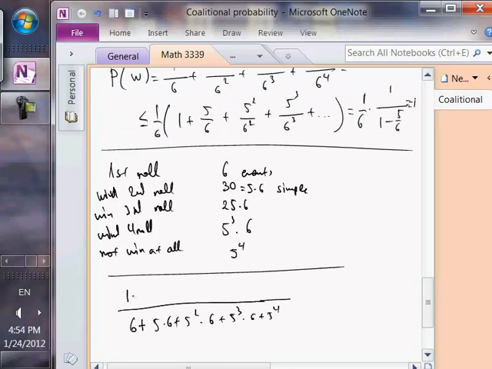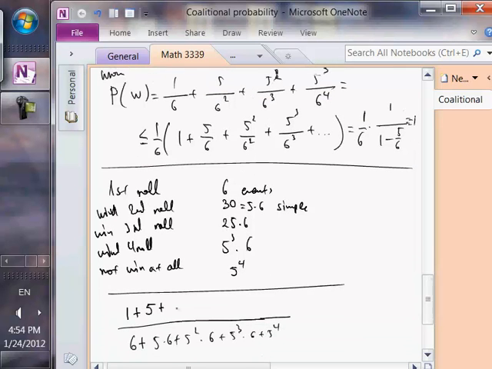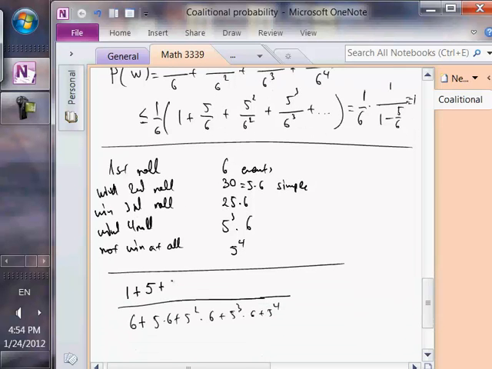Well, we have 1 for the first roll, 5 if you win on the second, plus 5 squared, which is 25, for the third, plus 125 for the fourth. So that's a better way to count. That's a correct way to count.